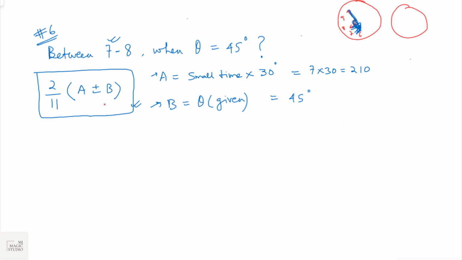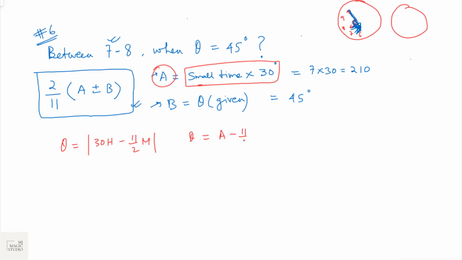Now one may ask how we have derived this. We know that the angle between the two is given by 30h minus 11 by 2m. So if I take this equation as positive, theta equals 30h, which is nothing but our A, minus 11 by 2m. So 11 by 2m equals A minus theta, m equals 2 by 11 into A minus theta.